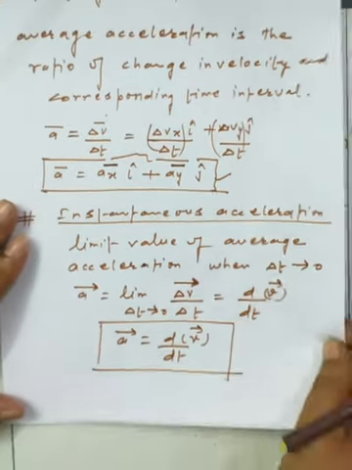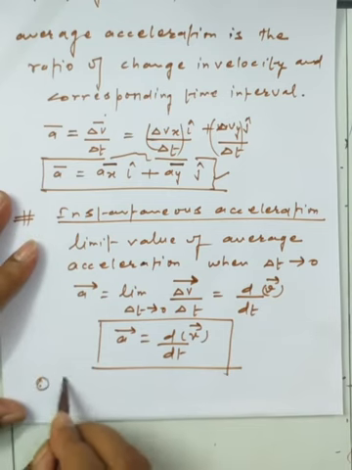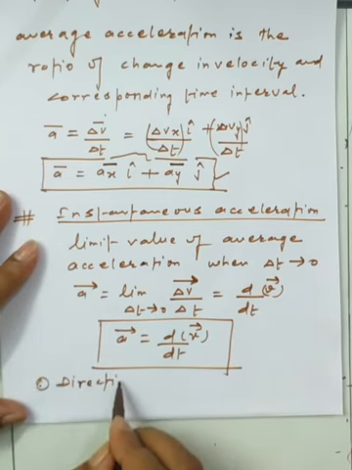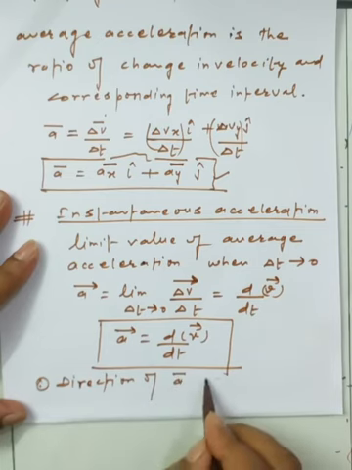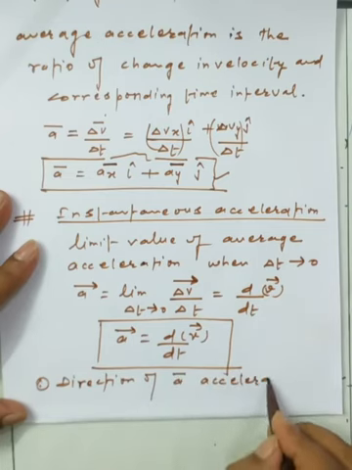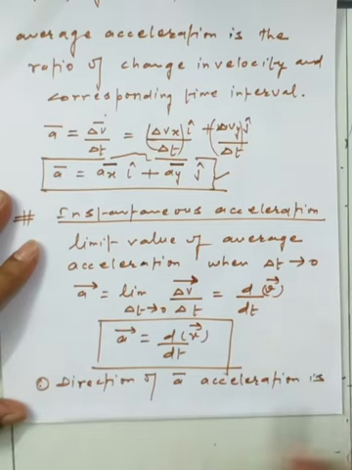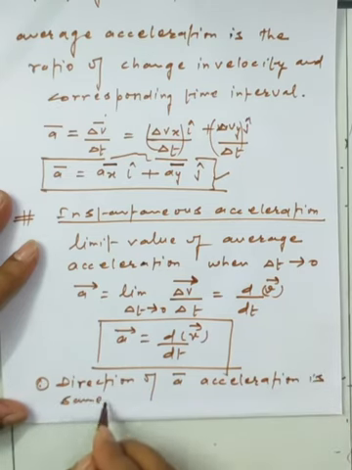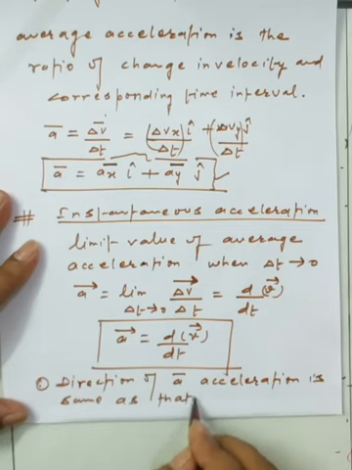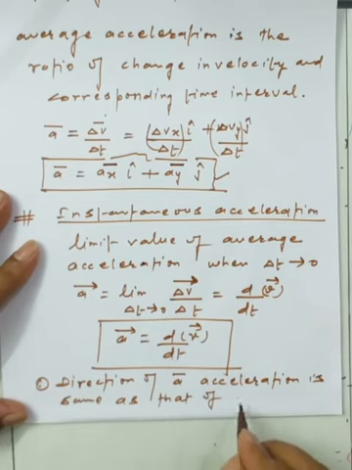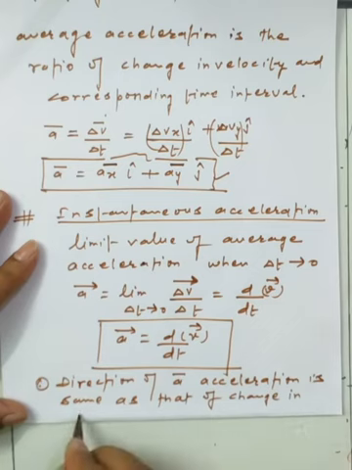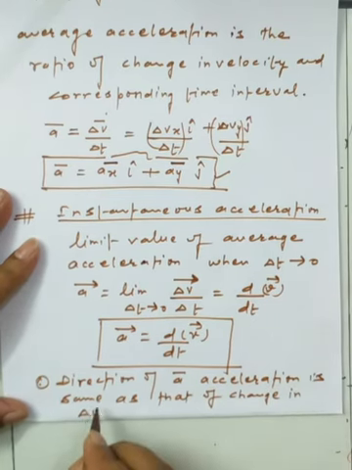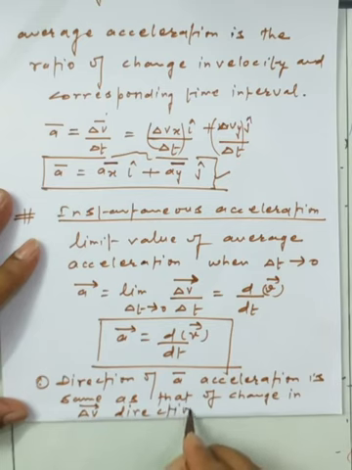Now the direction of the average acceleration. The direction of average acceleration is the same as that of the change in velocity, delta v, direction.